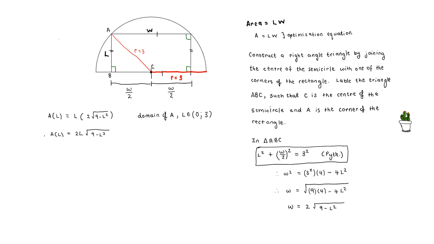Now, in order to take the derivative of this specific area equation, A prime of L, we can note that we have the product of two functions, where we can take 2L as our first function and the square root of 9 minus L squared as our second function.